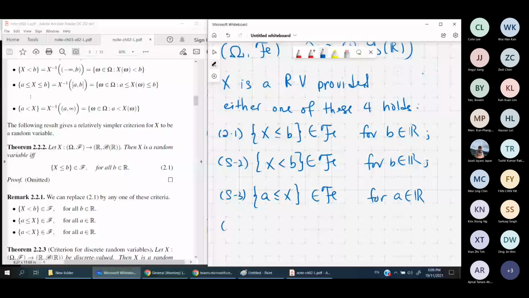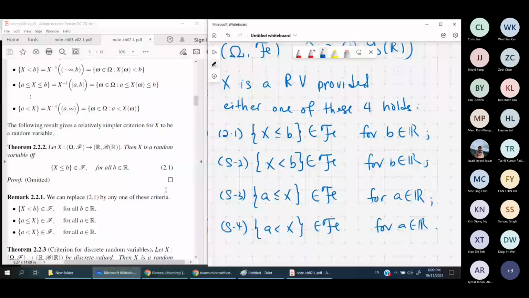Or we can take X is strictly larger than A. So we can take either one of them, the first, second, third or fourth one, depending on the function that we wish to consider.